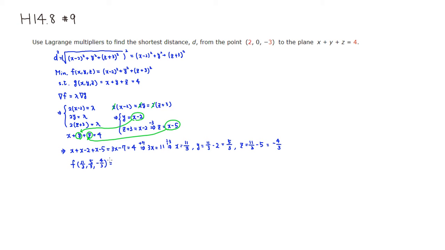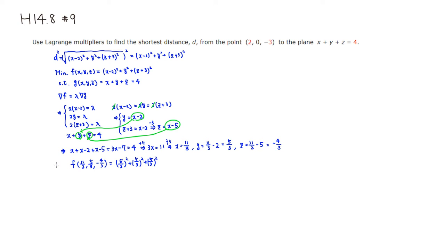So x minus 2 gives 5 over 3 squared, plus y is 5 over 3 squared, and z is negative 4 over 3 and you're adding 3, which is 9 over 3, so it's another 5 over 3 squared.